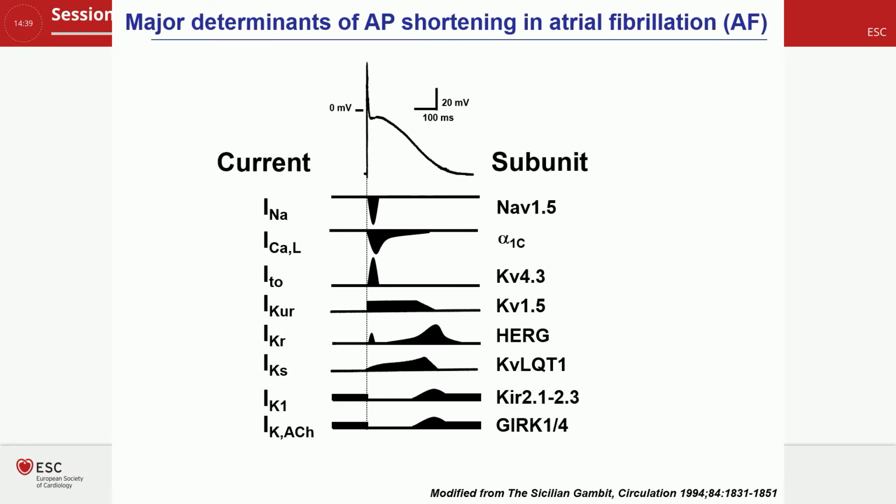That's true for sustained atrial fibrillation, because if we take atrial myocytes from patients with chronic, long-term, persistent atrial fibrillation and measure the action potential, we can see that in these myocytes, the action potential is shorter compared to normal sinus rhythm patients. And it is assumed that this action potential shortening is a major contributor to the maintenance of the arrhythmia.